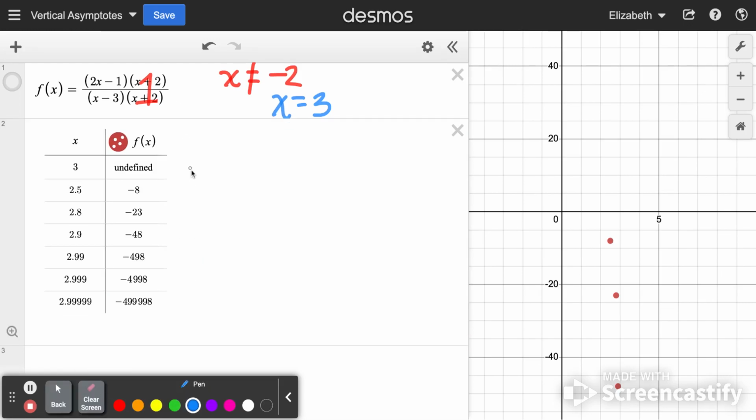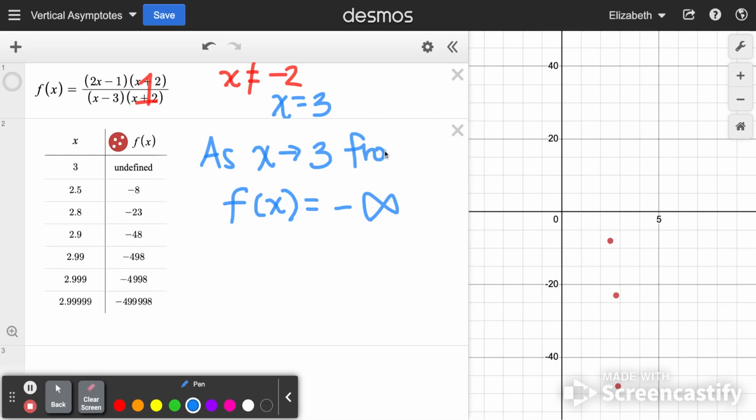So if we were going to use our notation here, we would say as x is getting closer to 3 from the left, our function is moving towards -infinity. We'll look in a second what happens as we move closer and closer from the right. So we're moving here down towards -infinity.